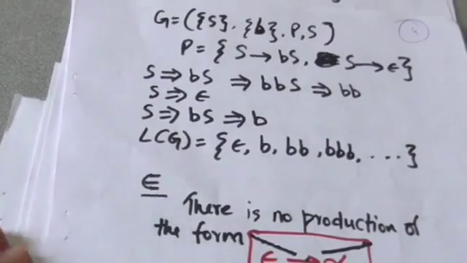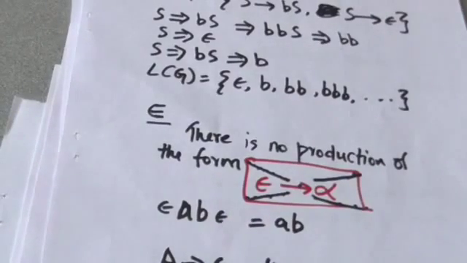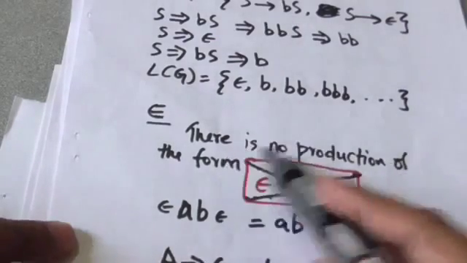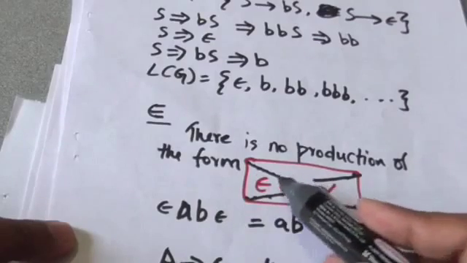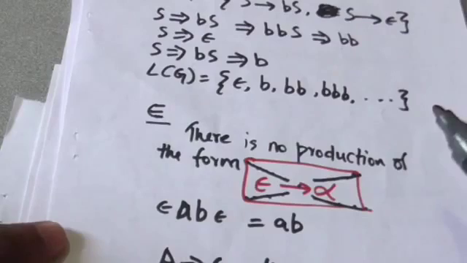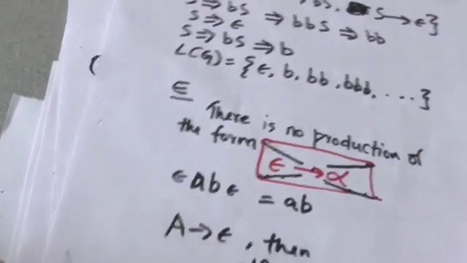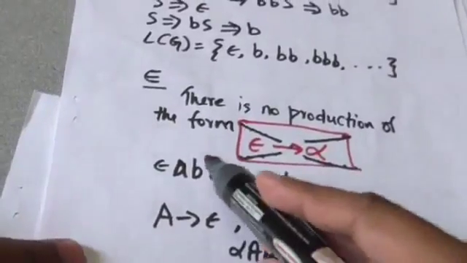Now see here this empty. It is a special symbol. It is not a variable because there is no production of this form: empty derives alpha. It is not a terminal also, because it vanishes from the string.